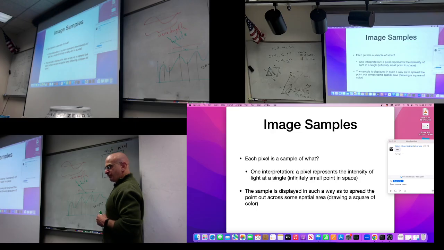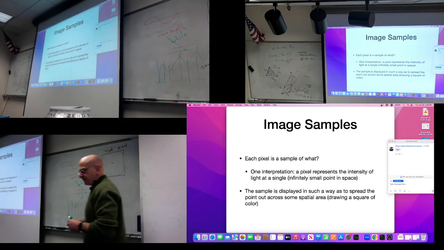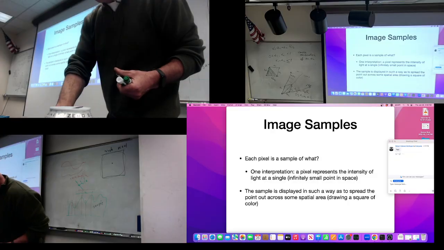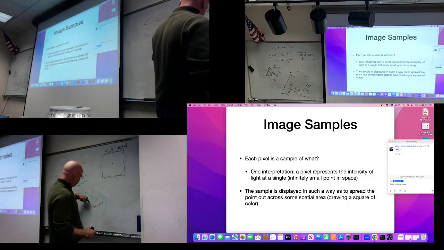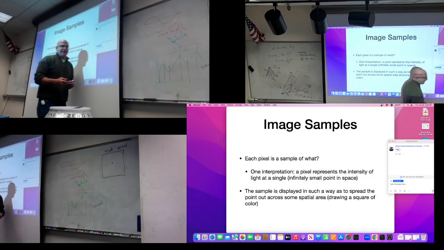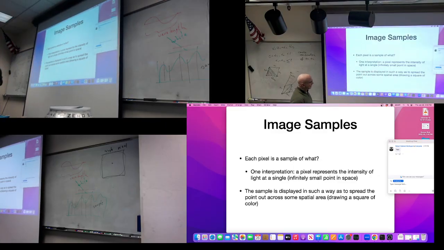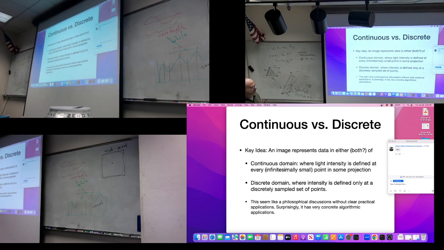Or if you want to go fancier, you actually account for light over some area inside the pixel and integrate over it. But either way, there are details that I might not be able to reconstruct because my sampling rate is badly behaved.